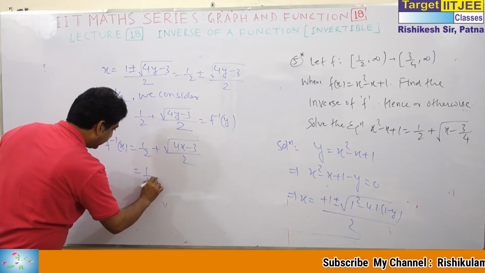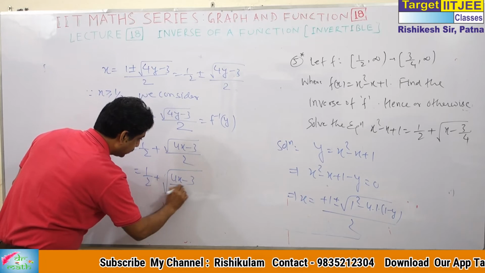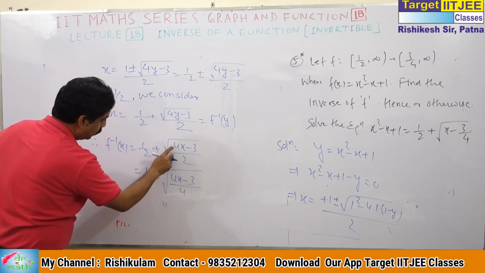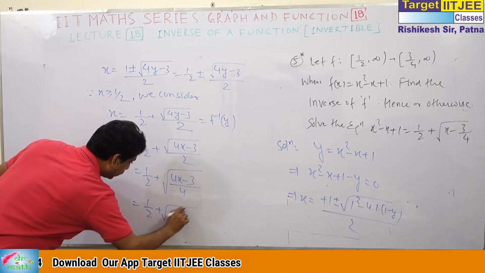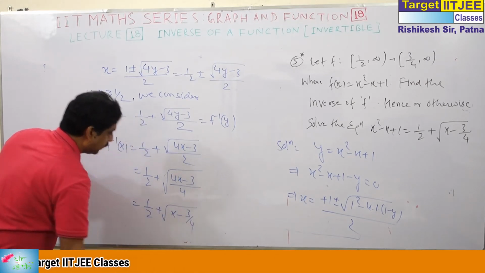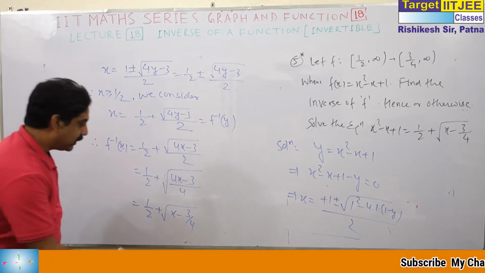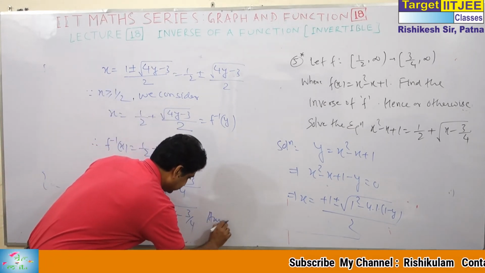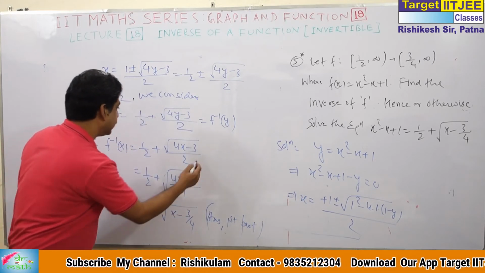We can also write it, putting this 2 inside the square root, as 1/2 + sqrt(x - 3/4). This is f inverse x. So this is the answer to the first part. Actually this is the correct answer.